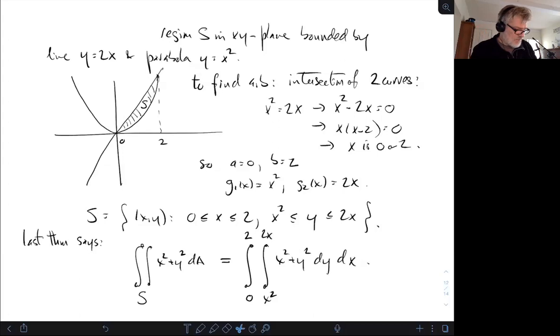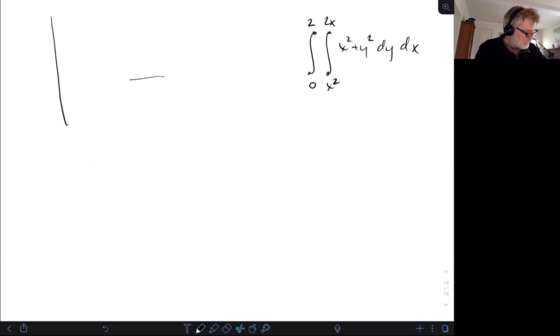Okay, so let me just go over here and paste that. That's what I want to compute. I have a line and a parabola like that. So choose an x, any x between a and b, and look at the segment inside S. Look at the bottom point. What is it? This is x squared, right? Look at the top point.